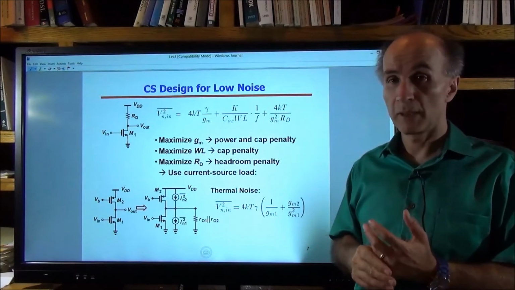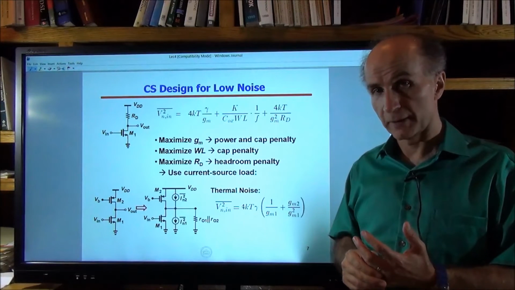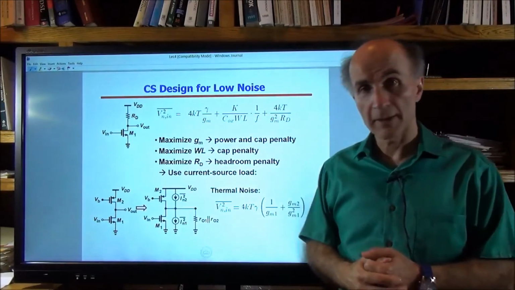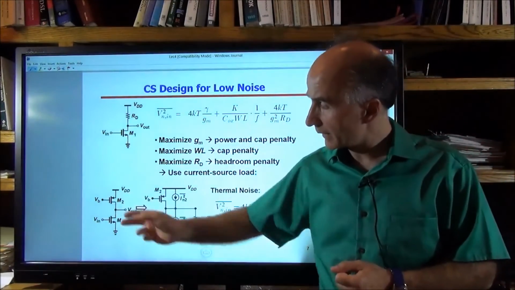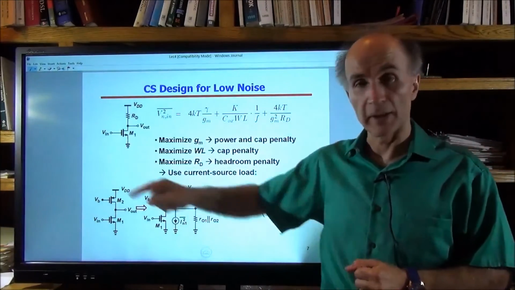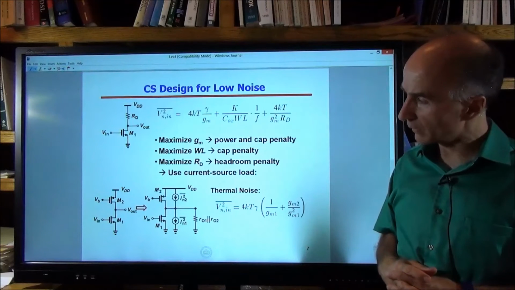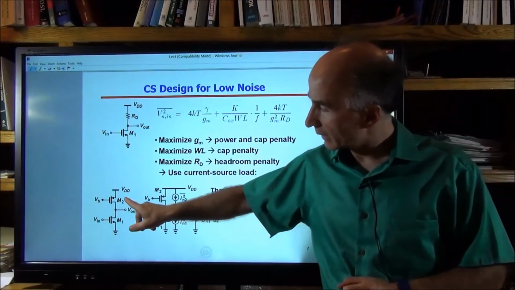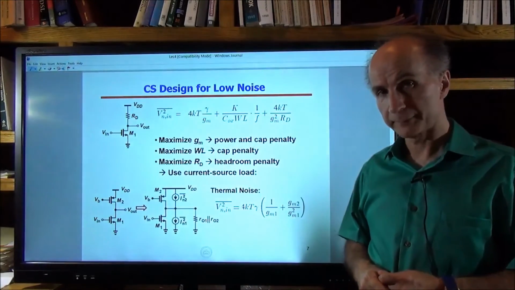And such a load would be a transistor, a MOS transistor, operating in saturation. So I can replace Rd with a current source realized as a PMOS device. And we know that this VDS can be relatively small, certainly smaller than Rd times Id for a given voltage gain, etc. So this allows us to accommodate larger voltage swings here for a given amount of bias current.